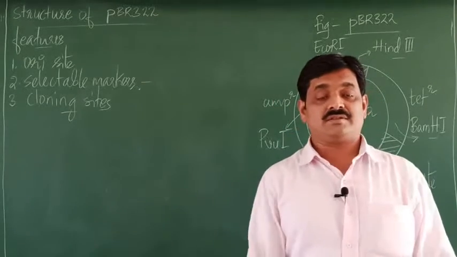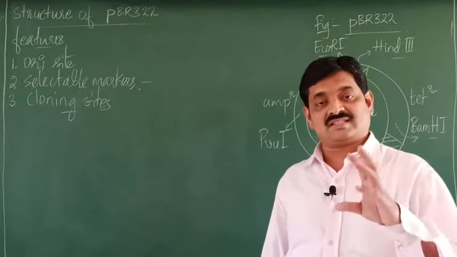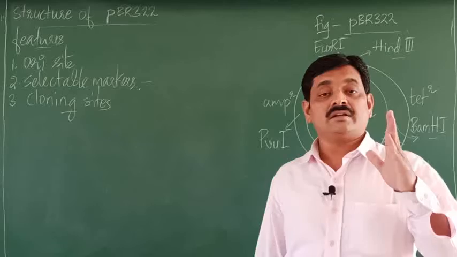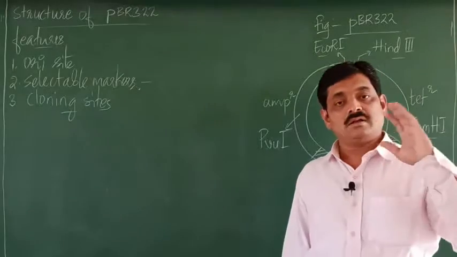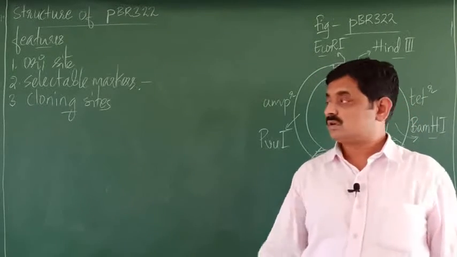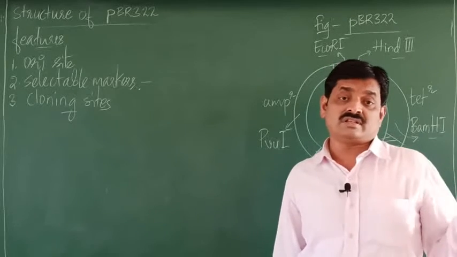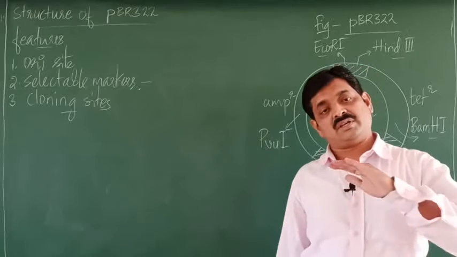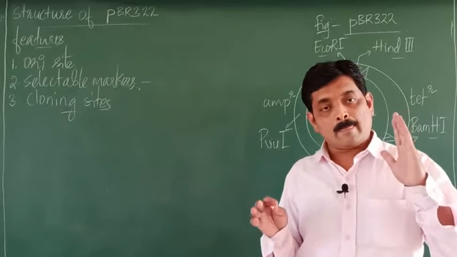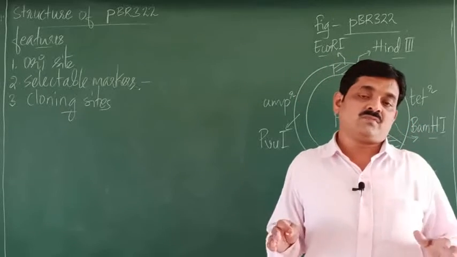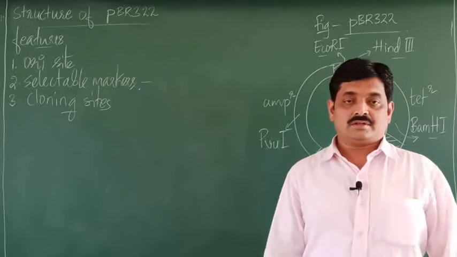These are the sites where restriction endonuclease acts, or this is a site where REN cuts the plasmid, right? A site where REN cuts the plasmid is called restriction site or cloning site. So cloning site, restriction site, recognition site, palindrome site, meaning is same. So cloning sites are the sites where REN cuts the plasmid for inserting the gene of interest, right?